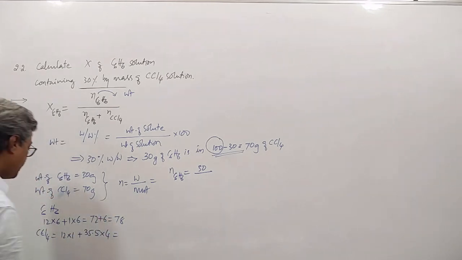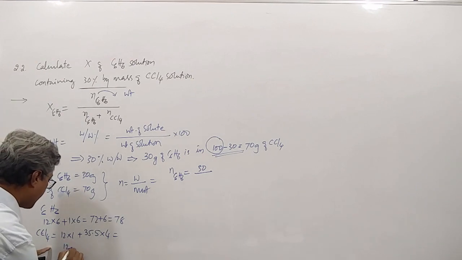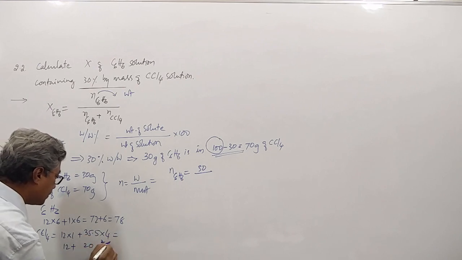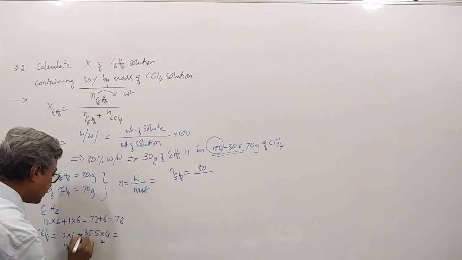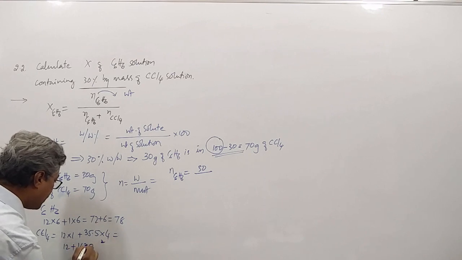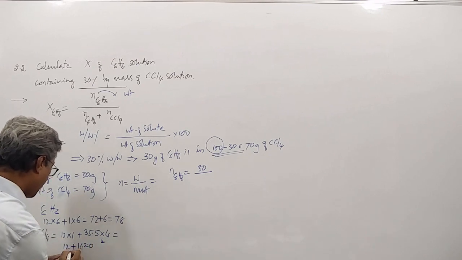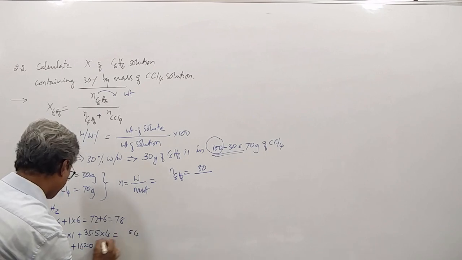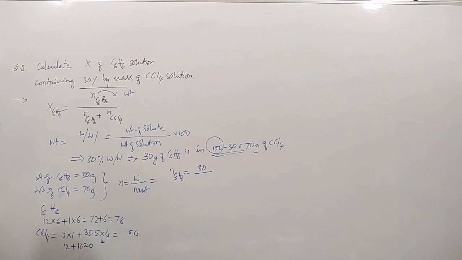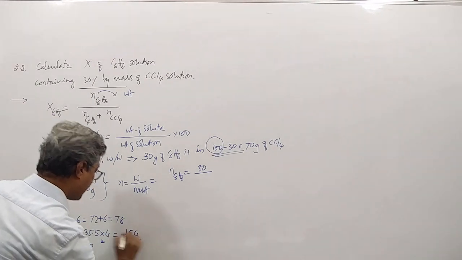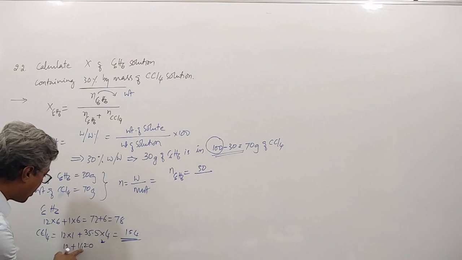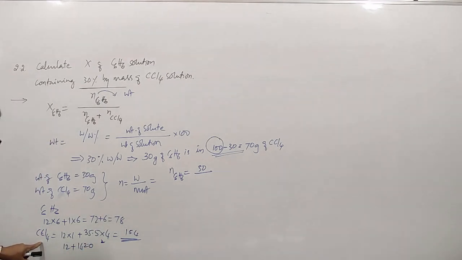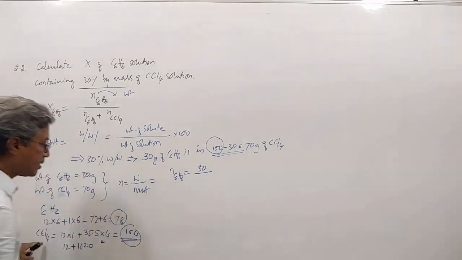This is 142 plus 12, which is 154. So molecular mass of CCl4 is 154 and that of benzene is 78.